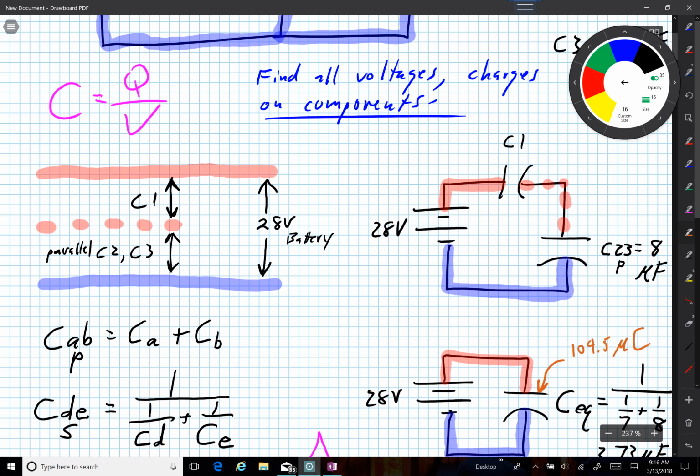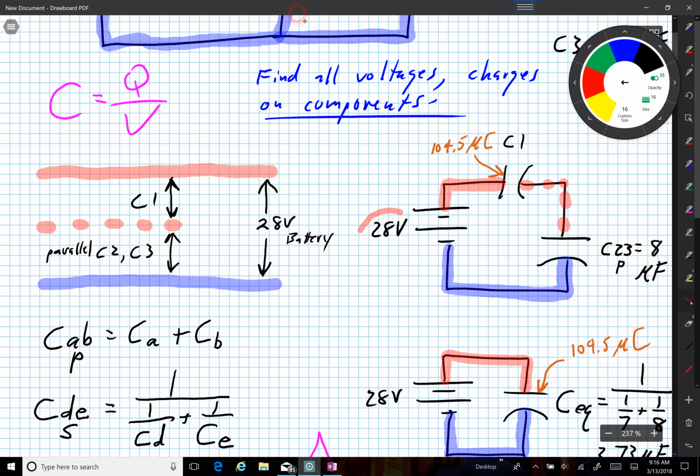And as we discussed yesterday in class, on the previous schematic diagram, the previous equivalent circuit, the battery has to do the same thing, 104.5 microcoulombs.